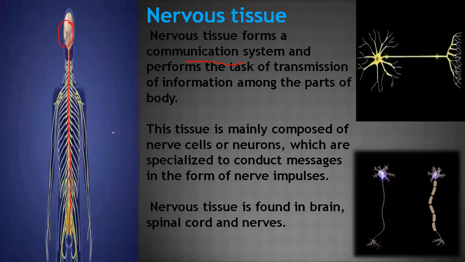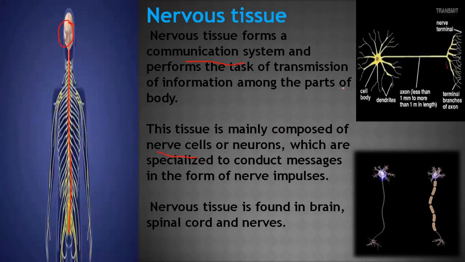This tissue is mainly composed of nerve cells. You have studied this in previous classes also. This is a nerve cell, and you can see it has several parts. This larger part is called the cell body. These extensions are called dendrites.